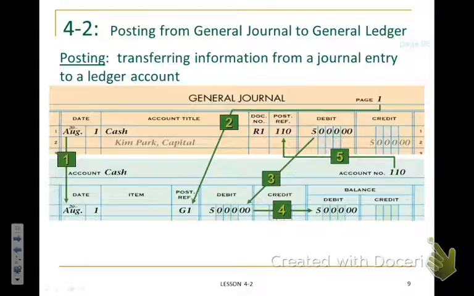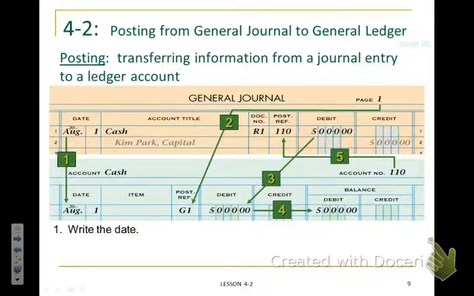Okay, so that's all what we call valuable information and leaves us with what we call in accounting an audit trail. In accounting, you always want to leave yourself an audit trail. It tells you how to get back to where you came from. Okay, it's like if you go hiking. It's like leaving little pieces of breadcrumbs in the trail so you could get back to where you came from.